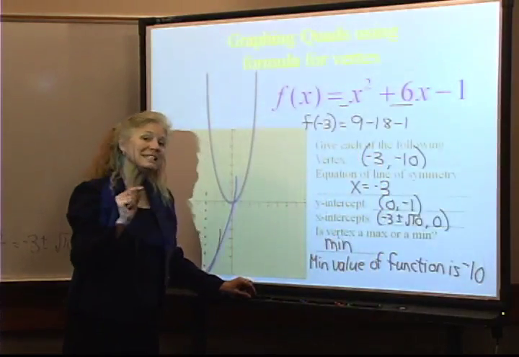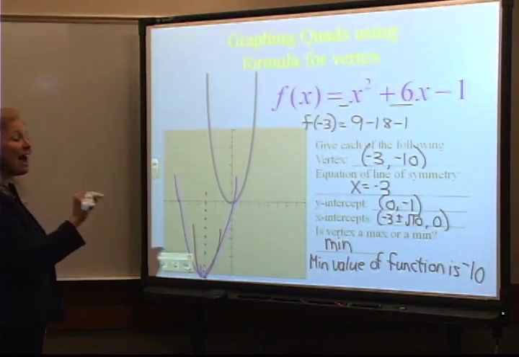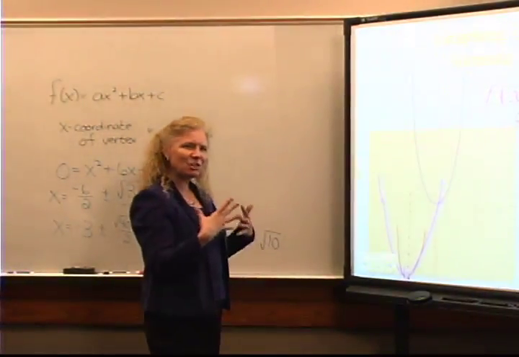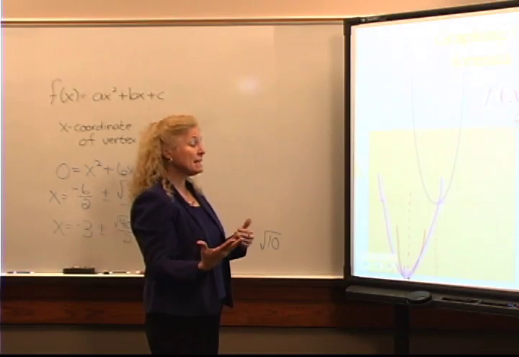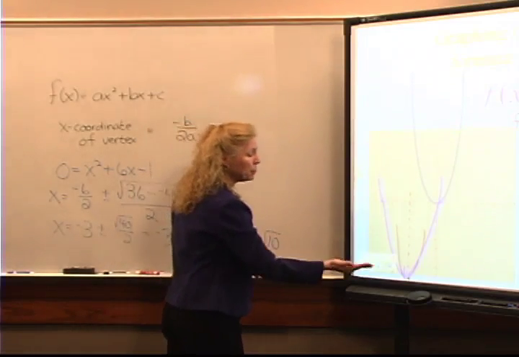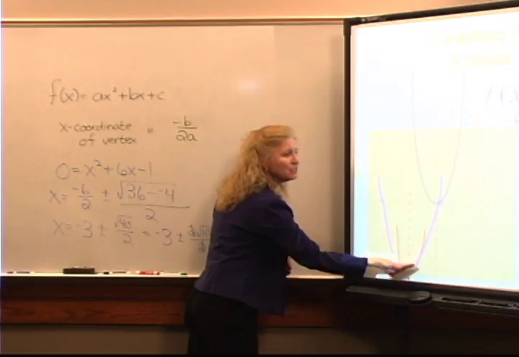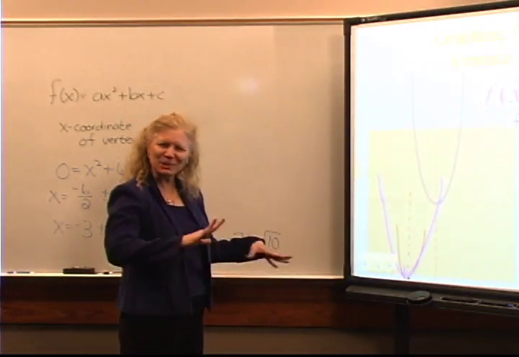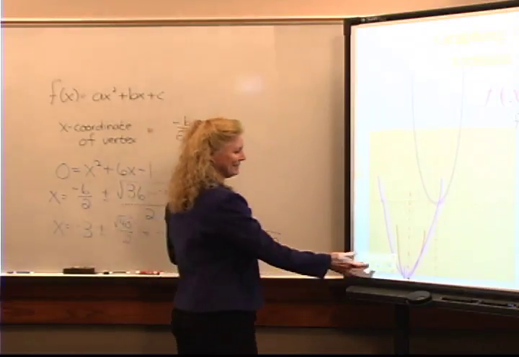That's the lowest that function can ever have as an output. Oh, you know what? That's kind of talking about range, isn't it? It tells me, in fact, that my range is from -10 to infinity. Oh, isn't it nice when you can put everything together?